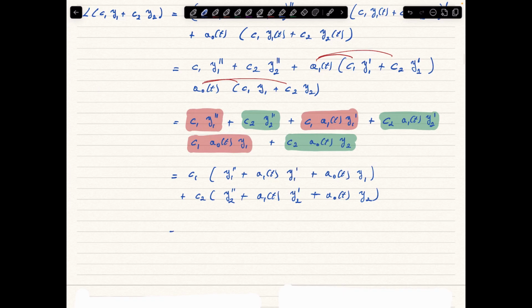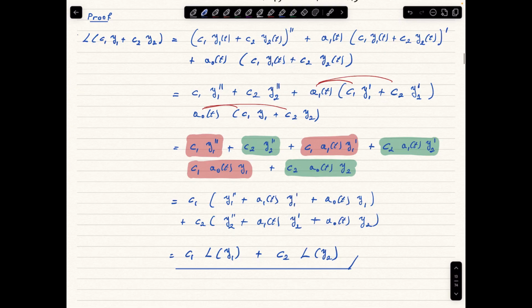Well, but this is exactly c1, the operator acting on y1, plus c2, the operator acting on y2. And this is exactly what we wanted to show, that the operator that we are working with, this operator in the theorem, satisfies this property, which is called the linearity property.